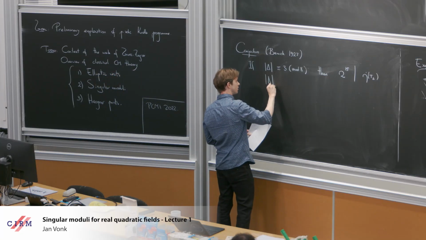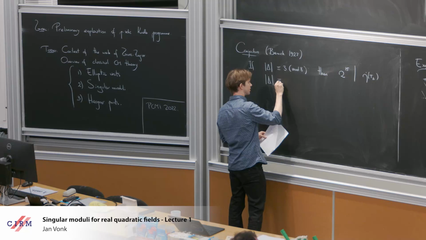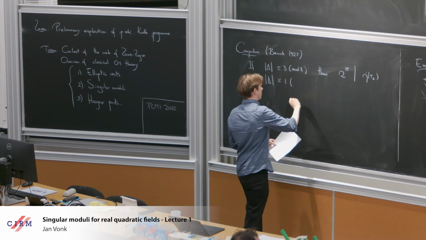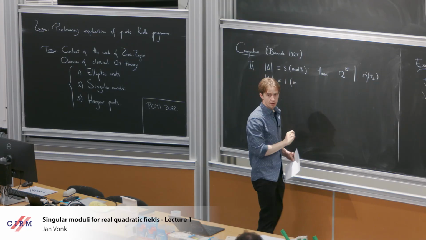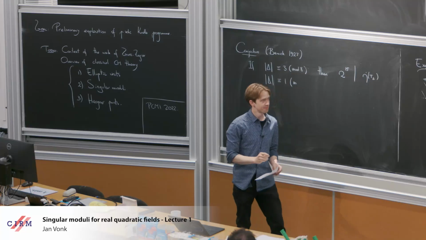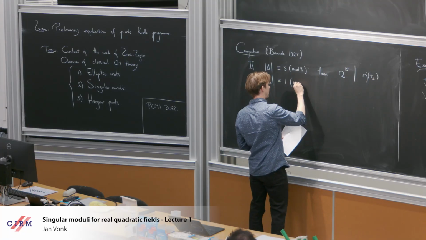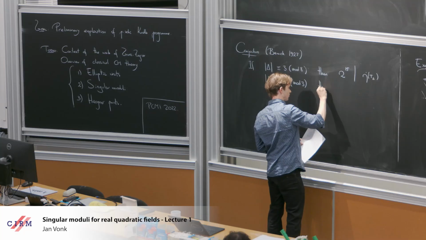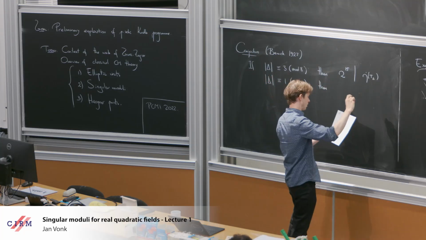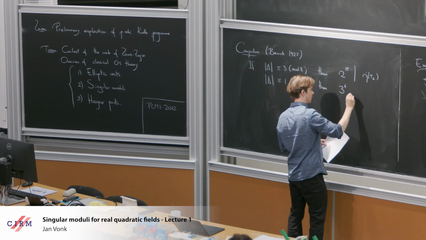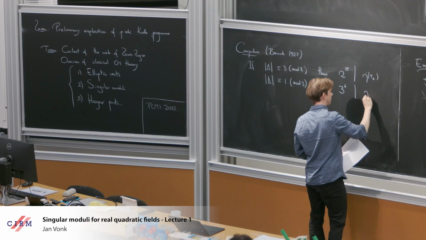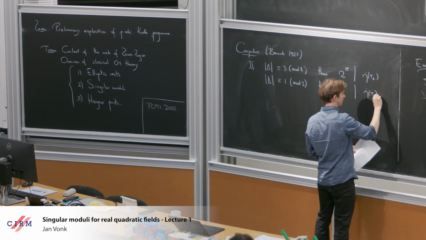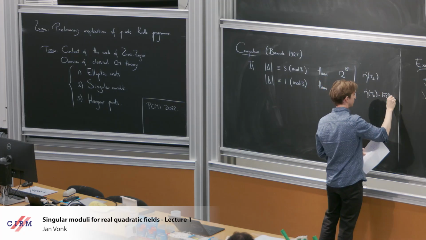There's a second statement, which I don't know yet if we'll talk about it tomorrow. So if it's 1 mod 3, then just to use the right column as well, 3 to the 6 should divide j of tau delta minus 1728.